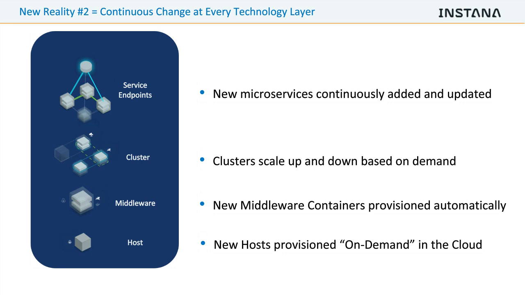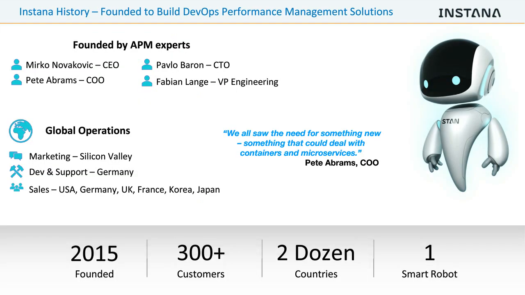So with that, let me give you a little context of where we came from and how we started. We were founded by a bunch of guys that were APM experts. They had been at one or maybe two different APM vendors in the past, and even when they weren't, they worked together with those APM vendors.